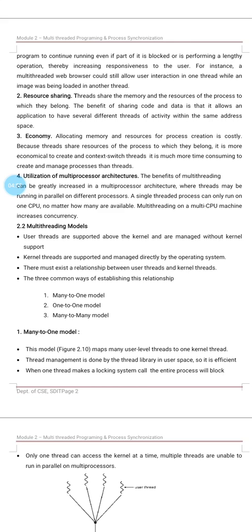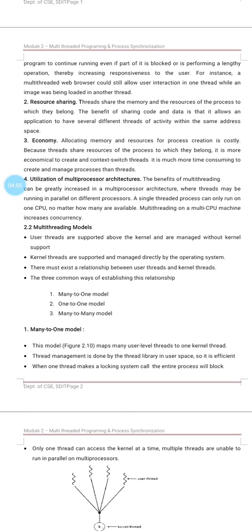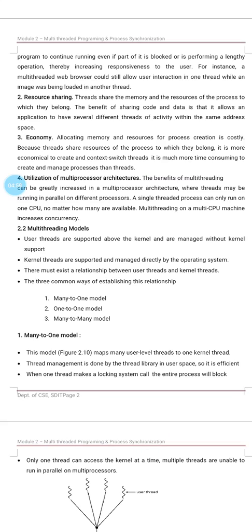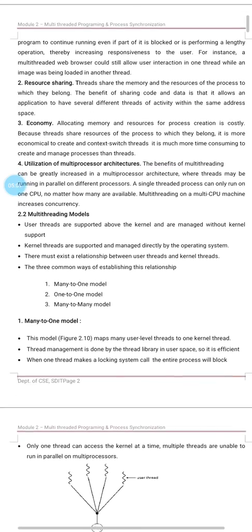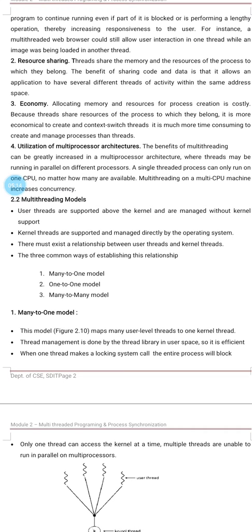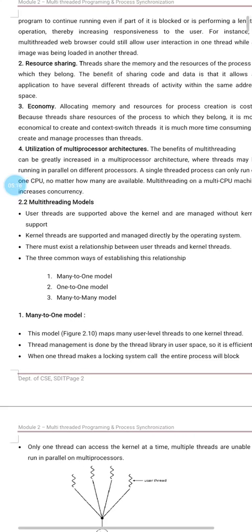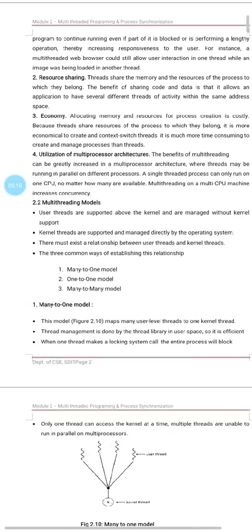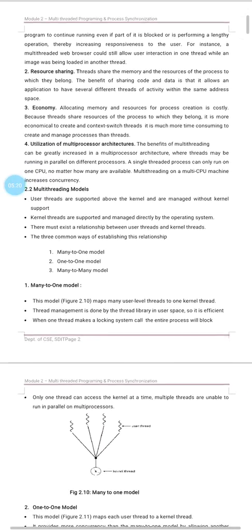What do you mean by context switch? We had already seen in the previous videos. When you shift control from one process to another, you have to store the information about the old process, then load the information about the new process in the corresponding process control block. That is your context switch. In terms of threads, it is economical compared to processes.